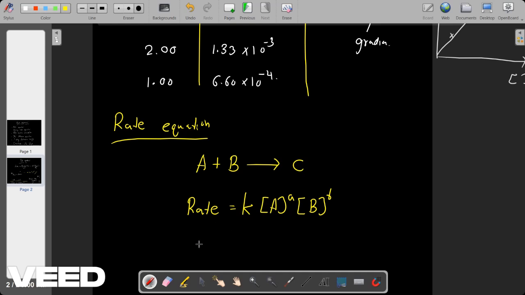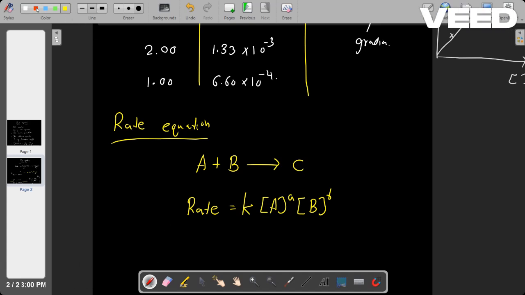A to the power of a and B to the power of b. This a means the order of the reaction with respect to the concentration of the reactants.